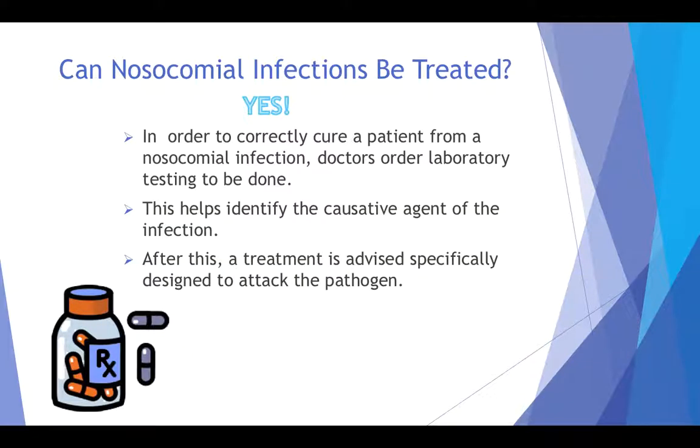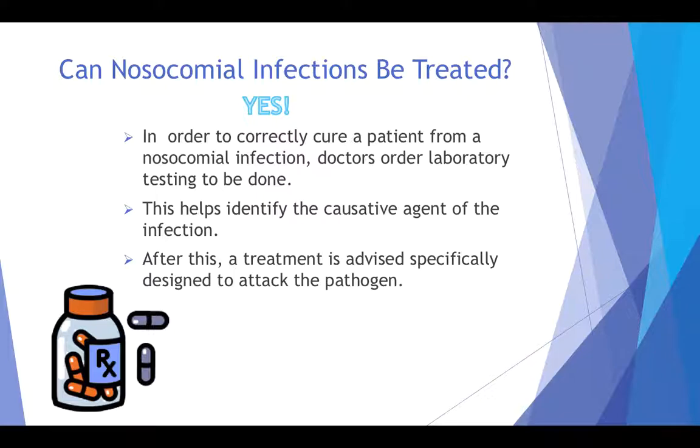Now, can nosocomial infections be treated? Yes, they can. That is the good news. But in order to correctly cure a patient from a nosocomial infection, doctors order laboratory testing to be done. Some microorganisms are harder to isolate than others, so when taking samples, precautions must be taken in order to avoid contaminating the sample and giving an incorrect diagnosis of the pathogen.